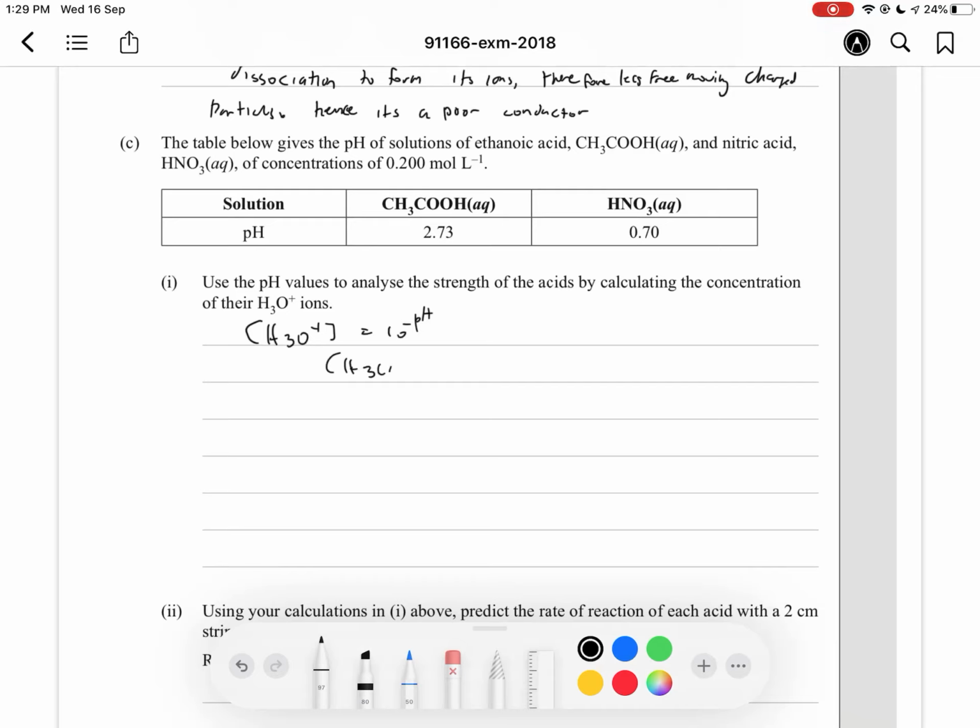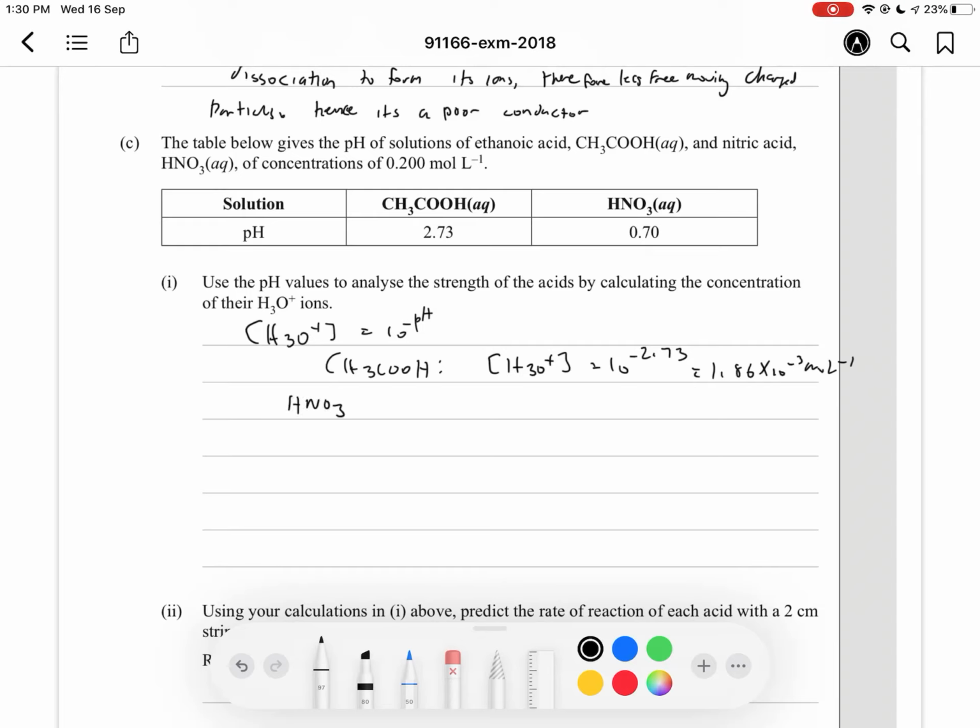For CH3COOH, the concentration of hydronium is equal to 10 to the power of negative 2.73. So we should get 1.86 times 10 to the power of negative 3 mole per liter.